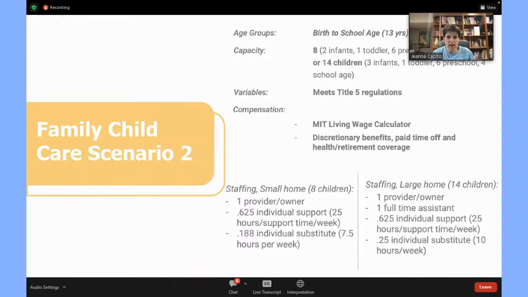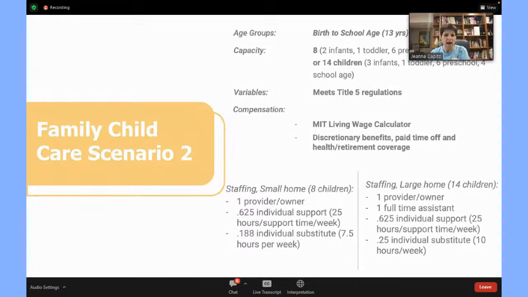Then if you look down at the staffing, it changes a little bit in that very last item in the list. There's the staffing required by licensing, the owner, and then the owner's assistant for a large home. There's the additional 25 hours a week of support time for the responsibilities of running the home.